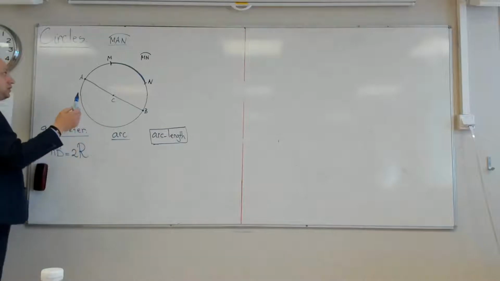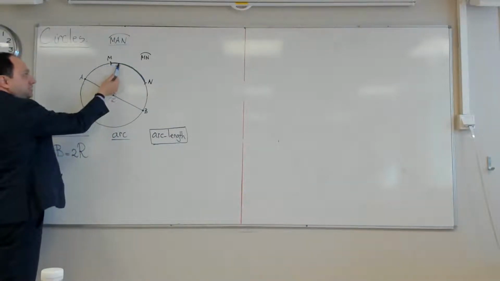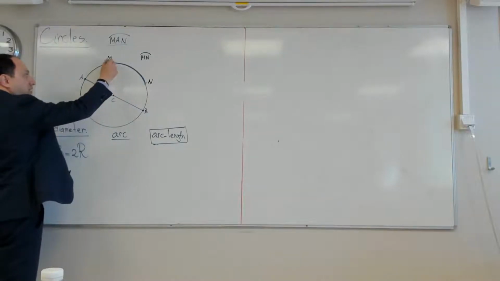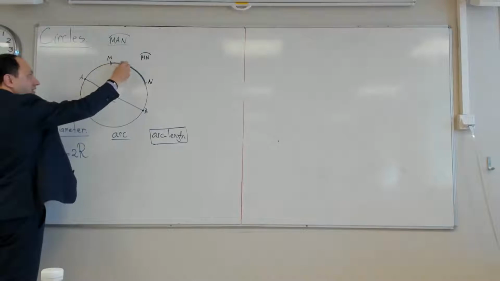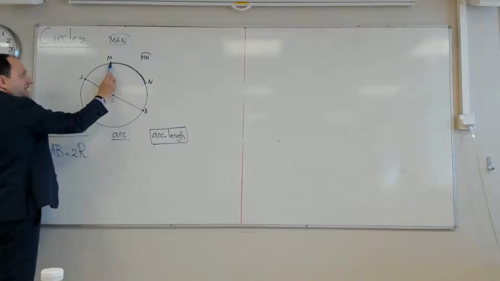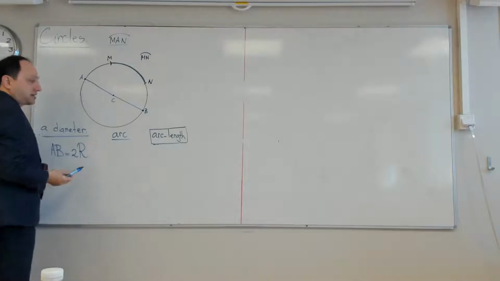So if I give you a ruler, in principle, it is not possible to measure the arc length, because by arc length, I mean the length here. So this is the distance. If you assume an ant is moving on the circle, the distance the ant is moving is called the arc length.